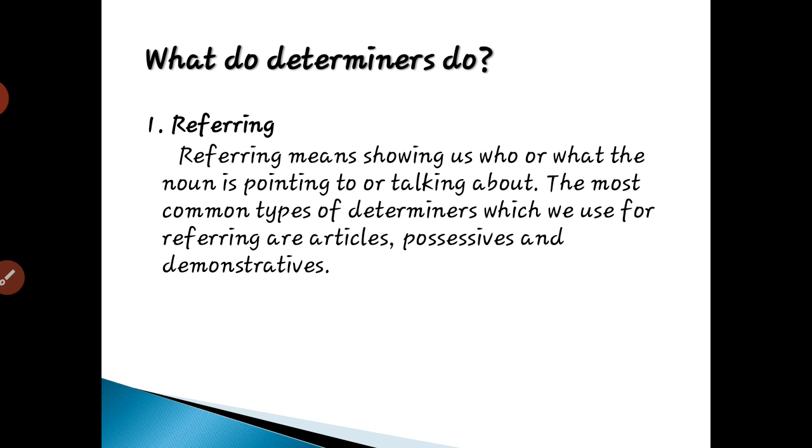When we are referring to some particular thing, for example, a pen, and we say this pen is mine, I am telling that this pen is only related to me. It is not any other person's. When we are talking about our possessiveness, we use these words, known as possessives.